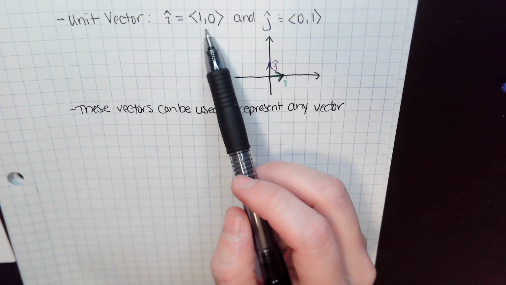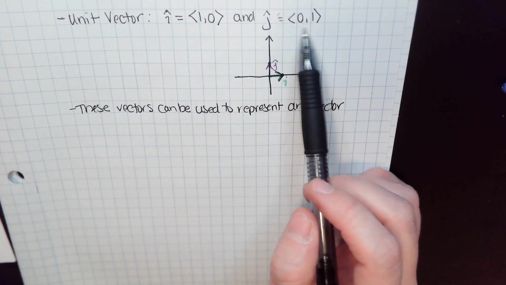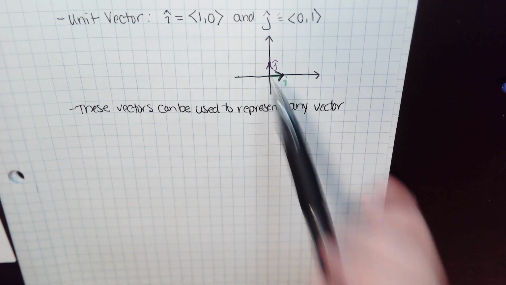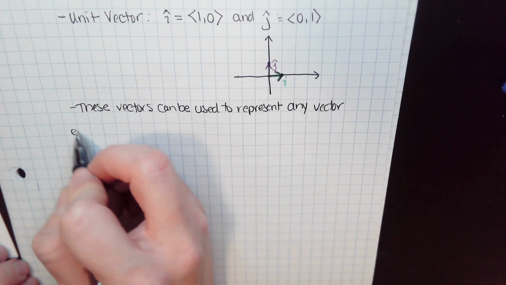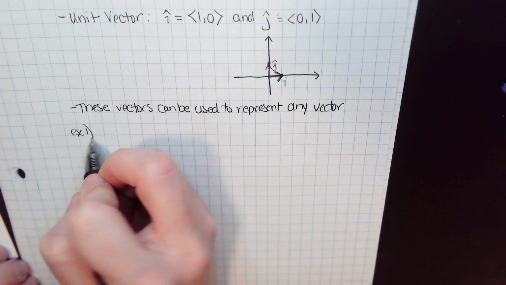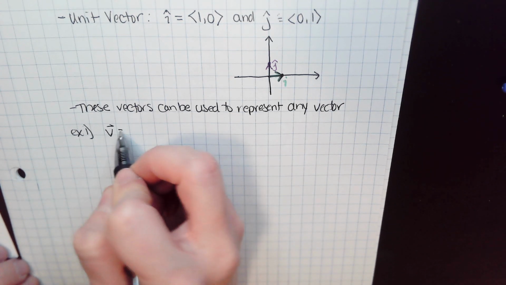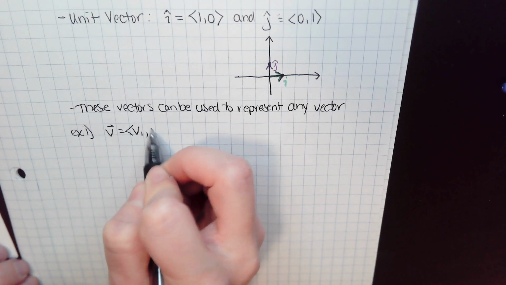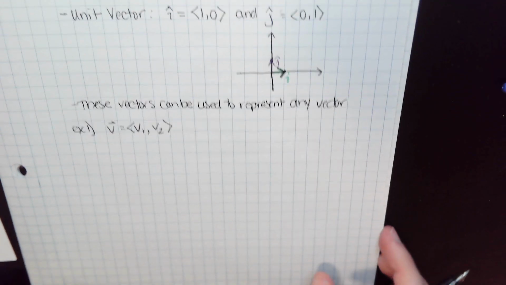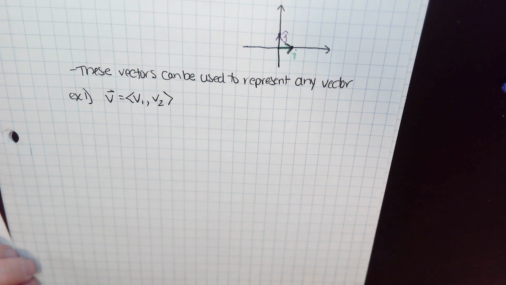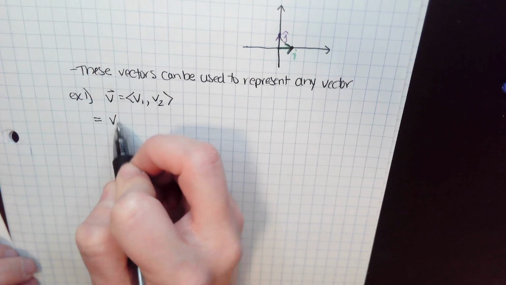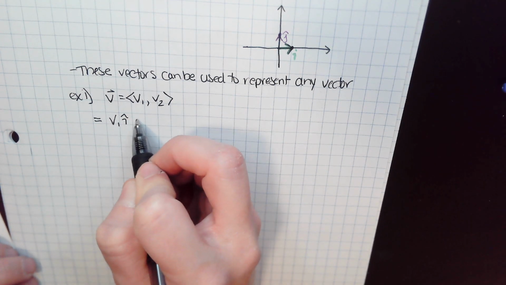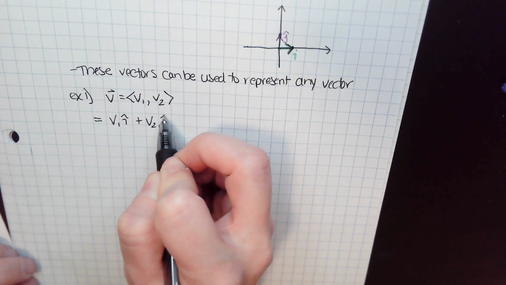This part here is your horizontal component, and this part is your vertical component, since that's the vertical line. If I wanted to write vector v, which in component form is v sub 1 comma v sub 2, as a linear combination using these unit vectors, I could write it as v sub 1 i plus v sub 2 j.